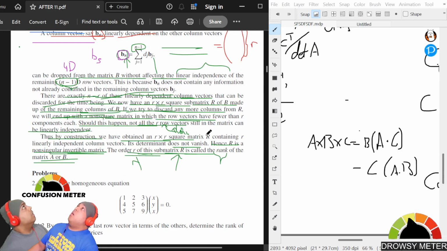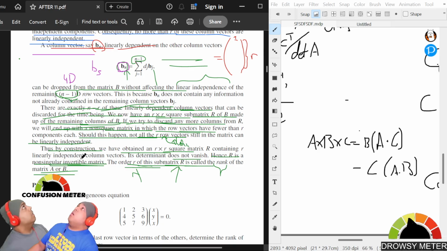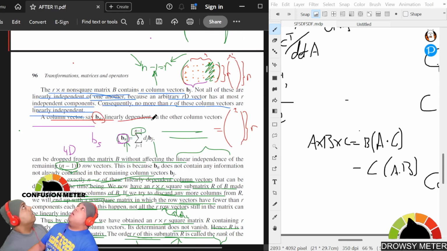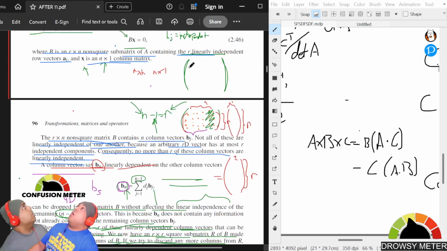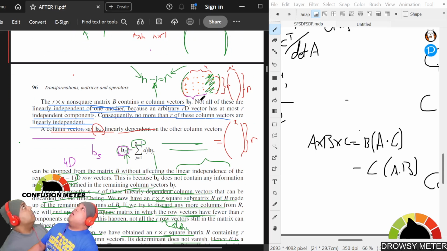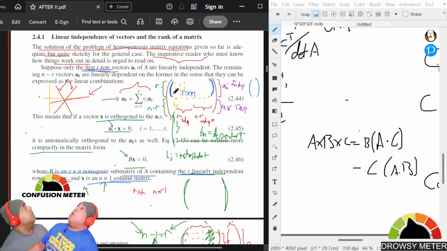We have obtained the R by R matrix R containing R linearly independent column vectors. The determinant does not vanish, hence R is a non-singular invertible matrix. The order R of submatrix R is called the rank of the matrix A or B. So rank is how many independent row vectors are in the determinant, not necessarily how many rows the determinant has.